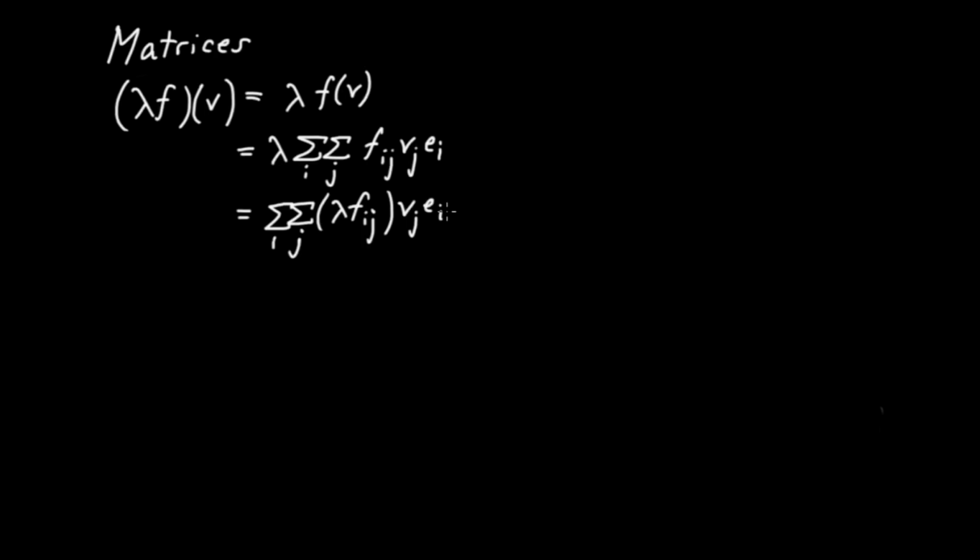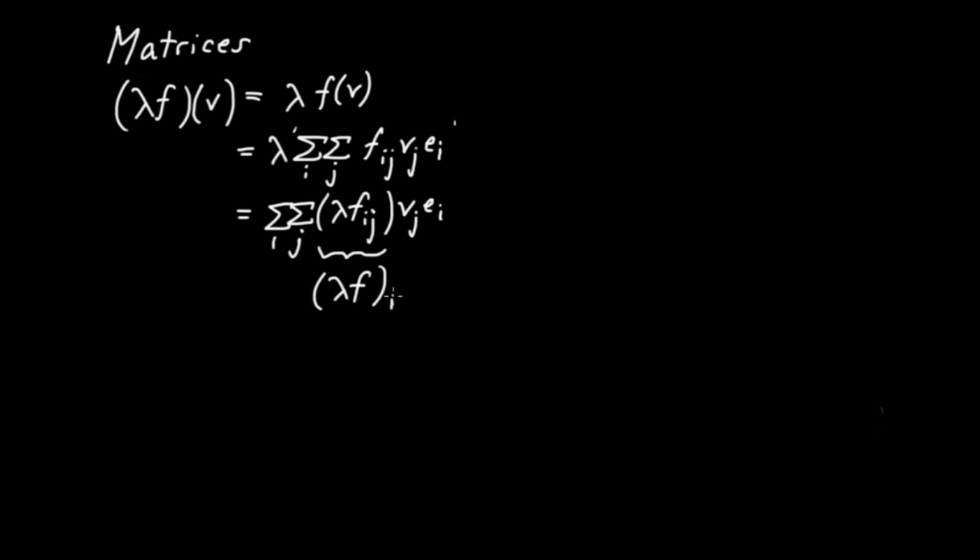Now notice this line is in the same form as here to here for the matrix representation of the linear transformation, in that we have a double sum of some scalars here times v sub j times e sub i, except that this is going to be the matrix representation in question. So this is going to be the matrix representation for the scaled linear transformation lambda f.